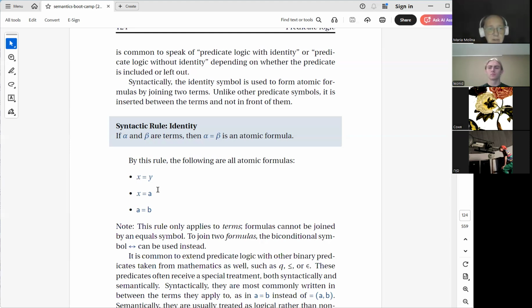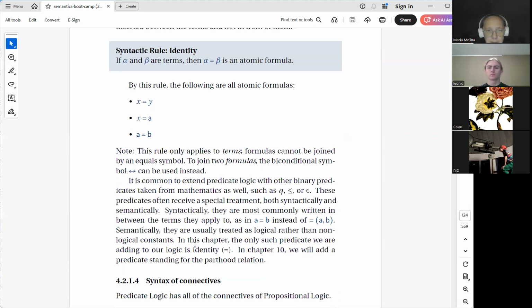But still it is an atomic formula. And the equality symbol can stand only between terms.